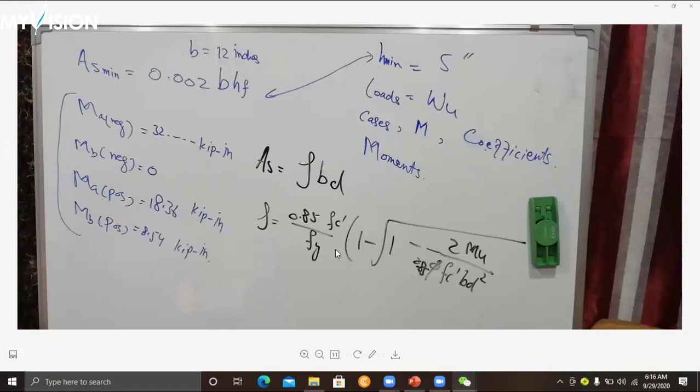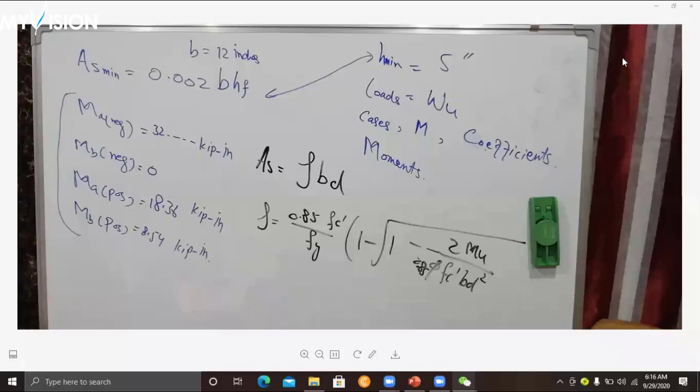Then put that value in, area of steel As equals rho multiplied by B multiplied by D. B is equal to 12 inches as I told you, and D in this case will be equal to 4 inches, meaning 5 minus 1 inch equals D, that is 4 inches. Clear?